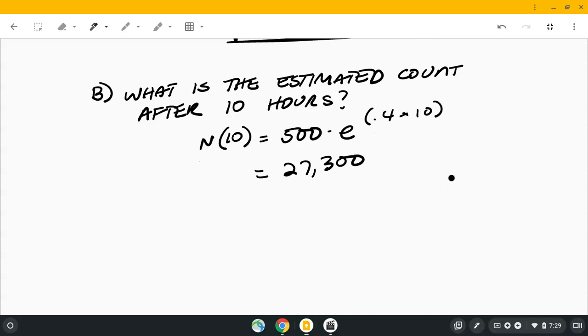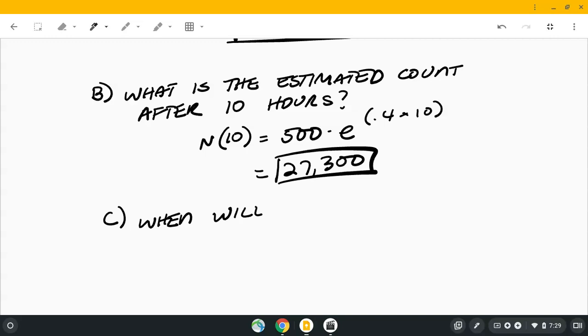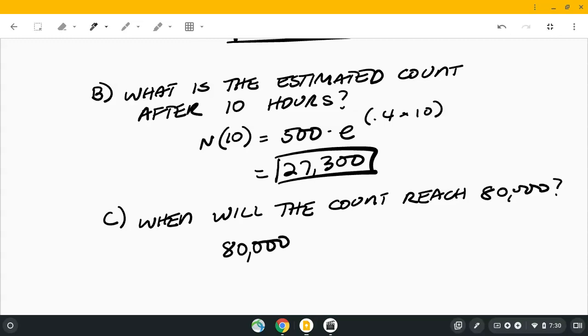Okay, and here, making a prediction: when will the count reach 80,000? So the final amount we want is 80,000, and we want to know how long that's going to take, so we are solving for t.